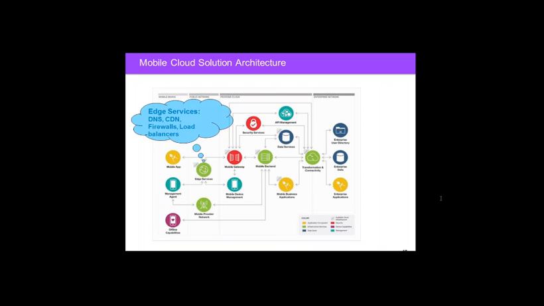And depending on the type of applications you're building, if you're building five nines quality apps that are distributed across single tenants, cloud providers, across different data centers, you need ways to externalize and load balance and have firewalls across data centers. And so the edge services are key capabilities.